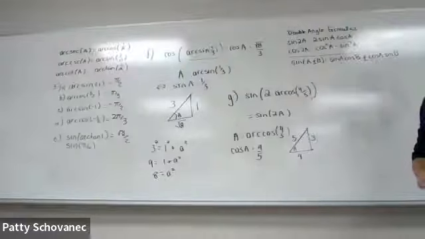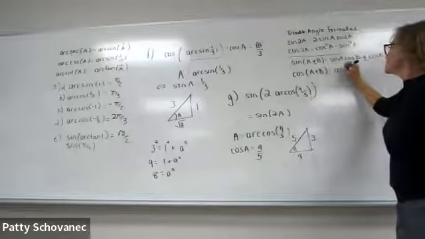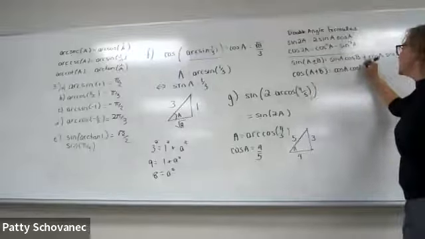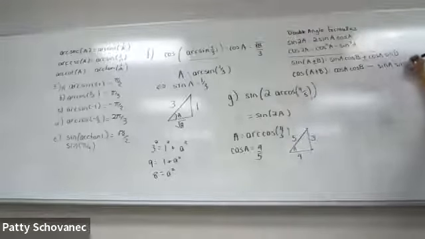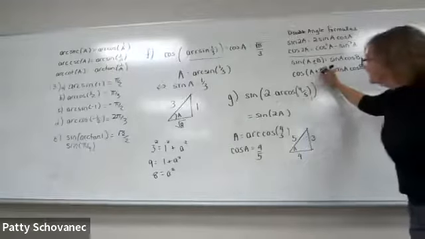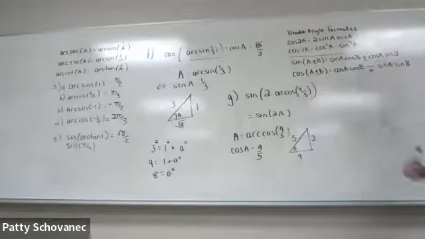The cosine of A plus B looks like cosine A cosine B minus sine A sine B. And if there were a minus here, then this is a plus here.